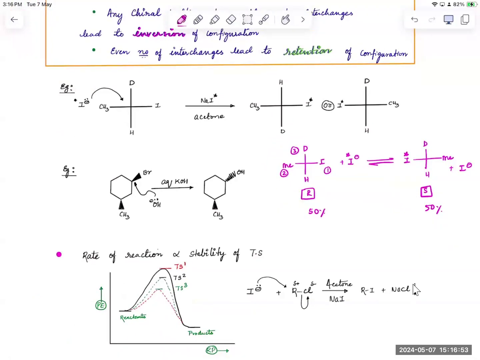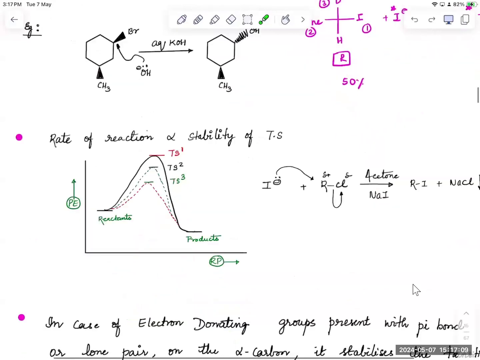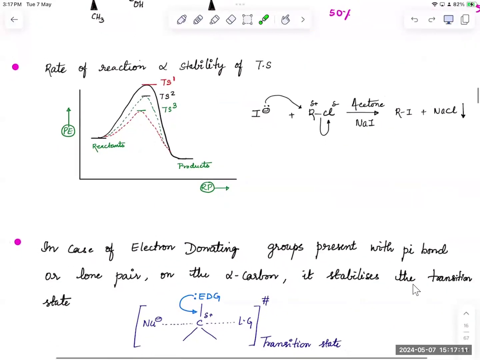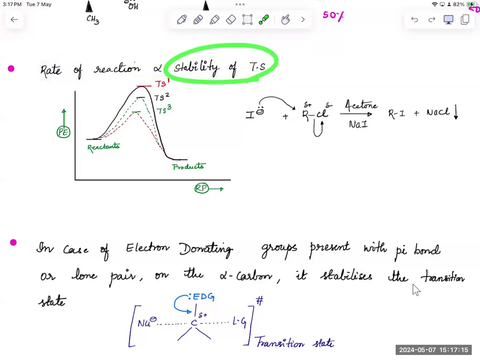Now notice this example. OH minus, when it is attacking on this position, here bromine is coming out of the plane. So when OH minus attacks via SN2 mechanism, Br will go and OH minus will be attached on the bottom side or inside. Now check out, rate of reaction is always proportional to stability of the transition state.